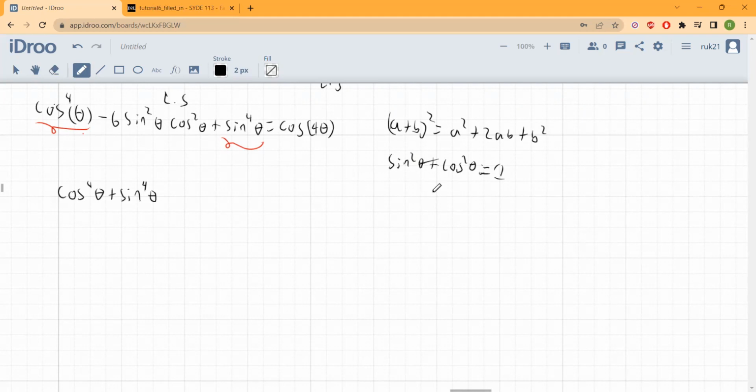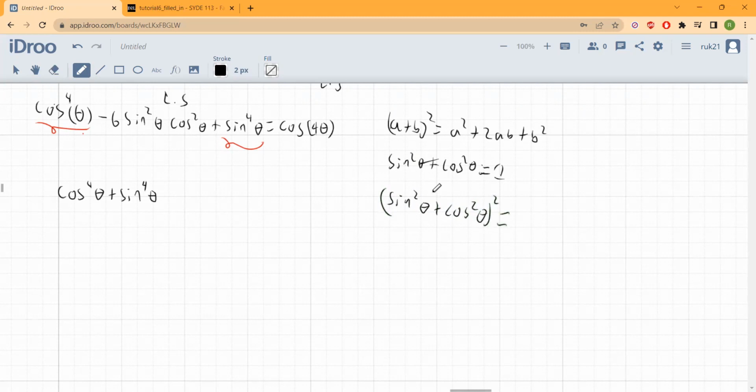So what are we going to do? Well, what we're going to think about is sine squared theta plus cosine squared theta. So if I rewrite it here, sine squared theta plus cosine squared theta, and we square this, what is it going to equal?